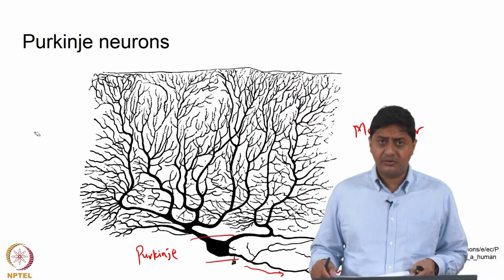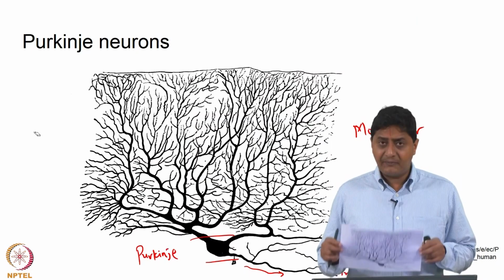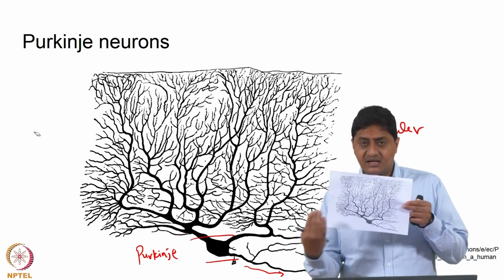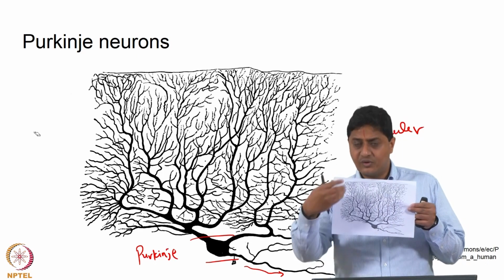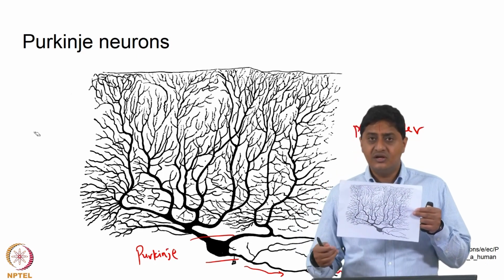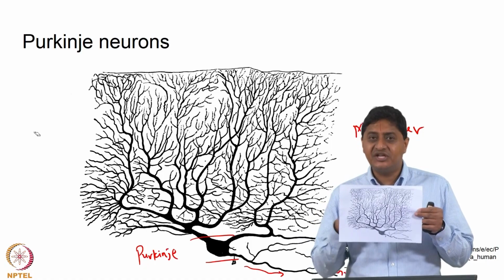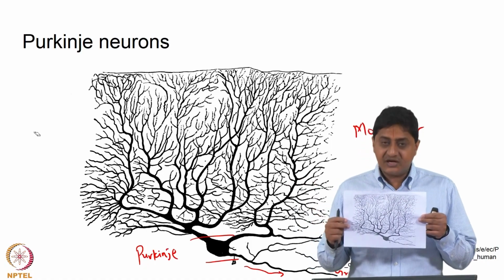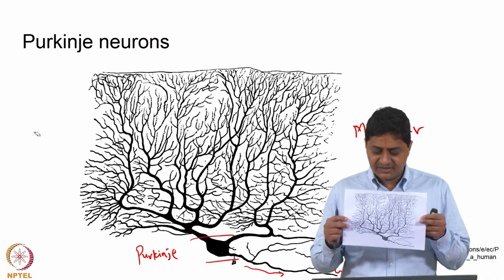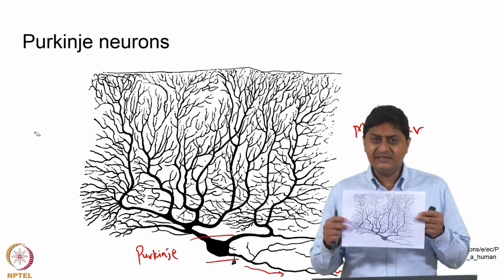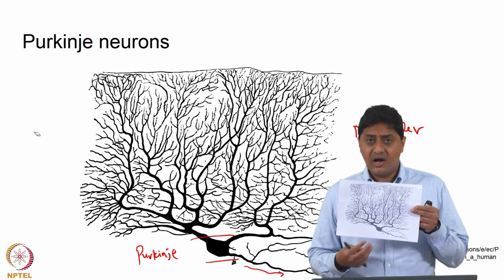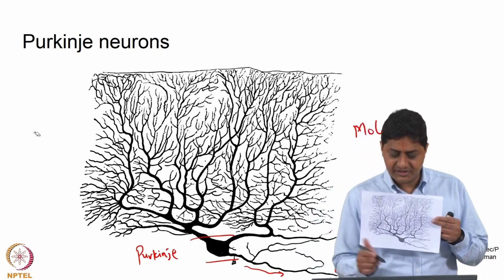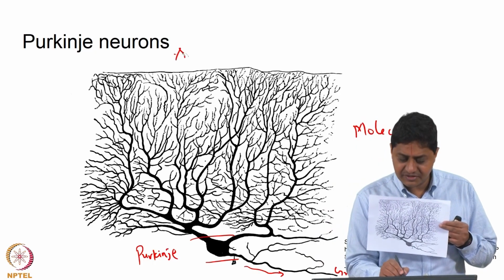An important point to note is that when you are viewing the Purkinje cell, like a tree, you would think that this is a 3D structure, just like a real banyan tree, for example. This is not true. What is actually true is that Purkinje cells occupy a relatively large territory in the anterior posterior direction. This is the AP direction.